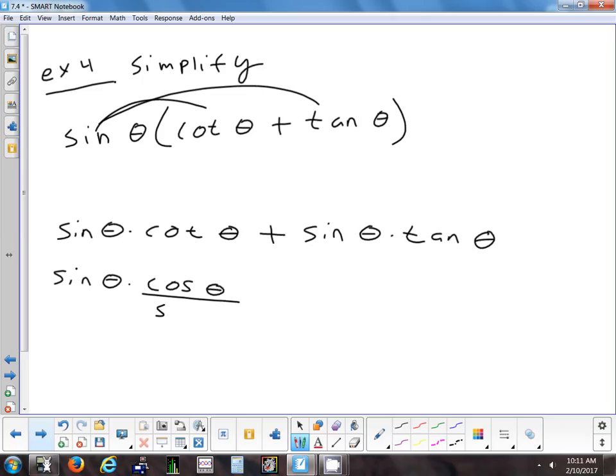Cosine over sine. And if you want to make that sine a fraction, you can always just put it over 1. Plus, I've got sine again, which if you want to make it a fraction, put it over 1. And how about tangent?